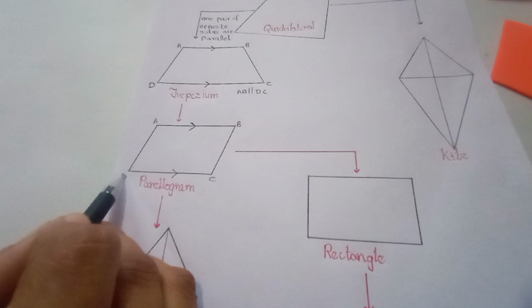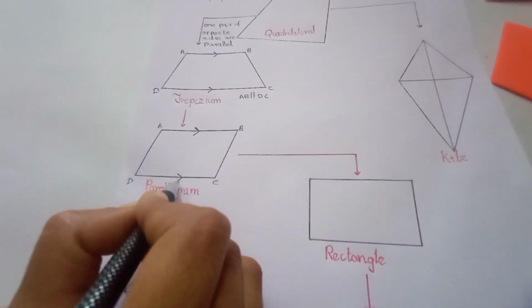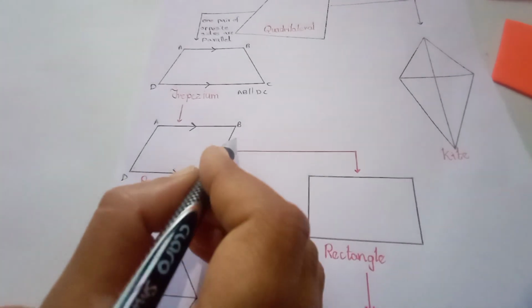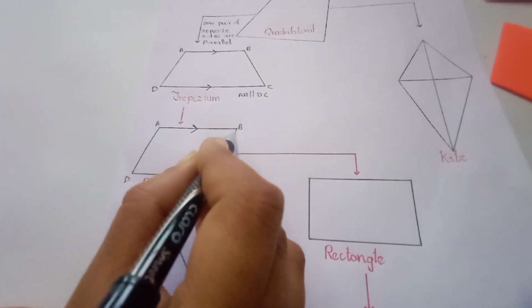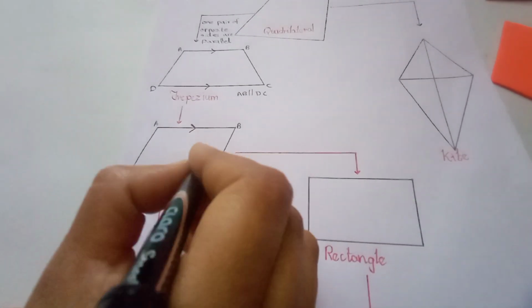AB parallel DC. We use an arrow like this. And BC parallel AD.